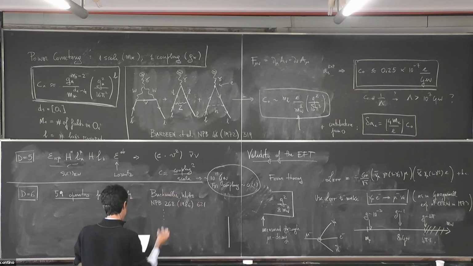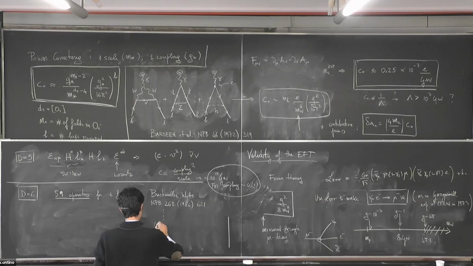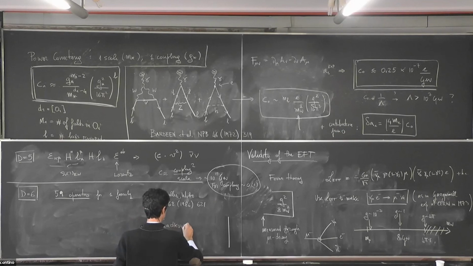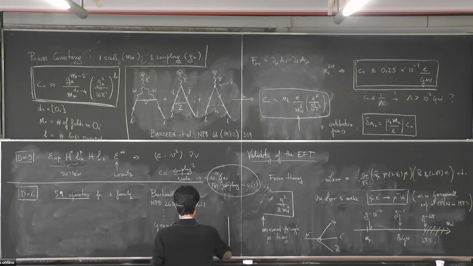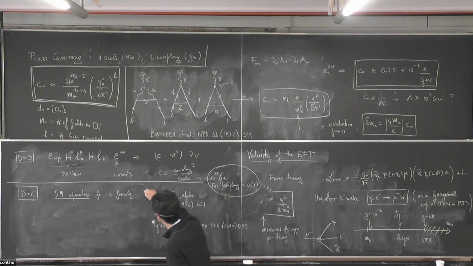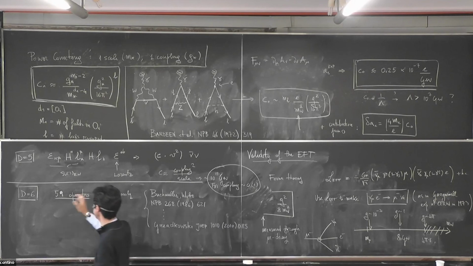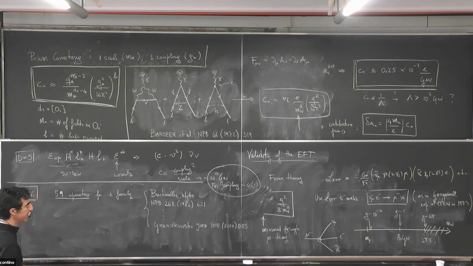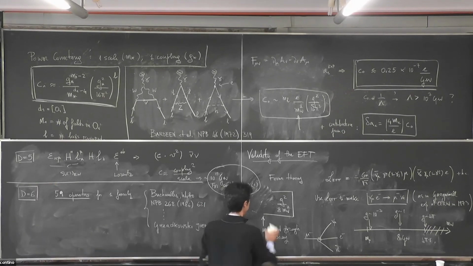And then there were many other papers until this other paper by Grzadkowski, I don't know how to pronounce it, JHEP 1010, 2010, 085. So this is a long list of papers which clarified and identified all the operators, basically the minimal and complete basis, the list of operators.